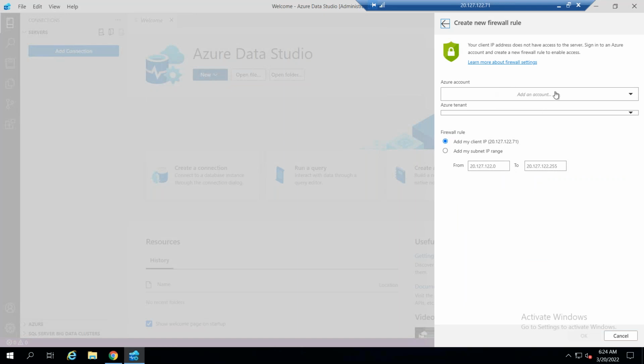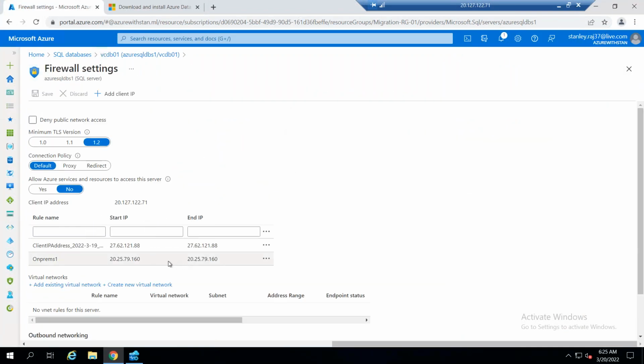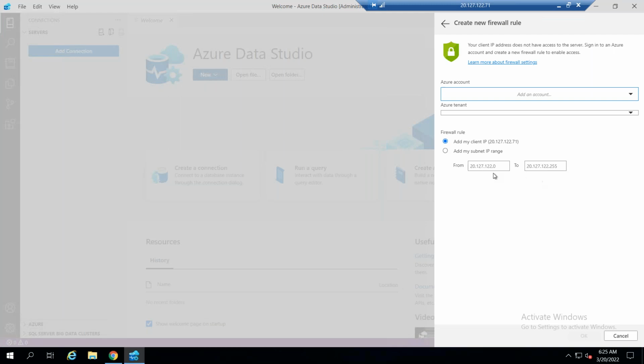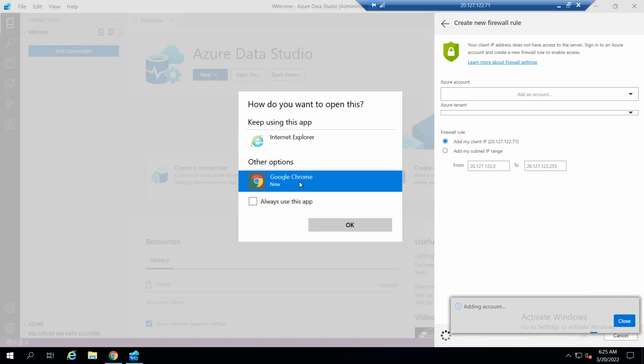I can just add my machine. This machine has to be added on the server IP, because I'm connected on 20.127.122.71, right? This is something I need to add under the set server firewall. Automatically, Data Studio has the option to add this client IP. That is another beautiful thing. So you can add an account, and automatically it will do that for us.